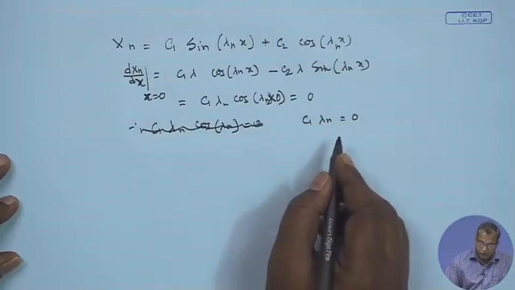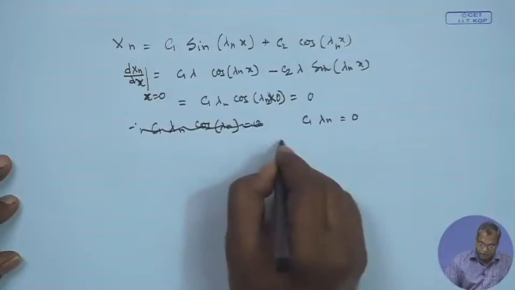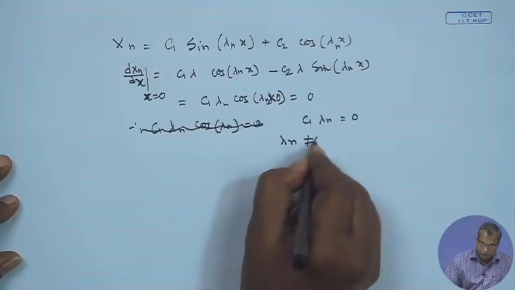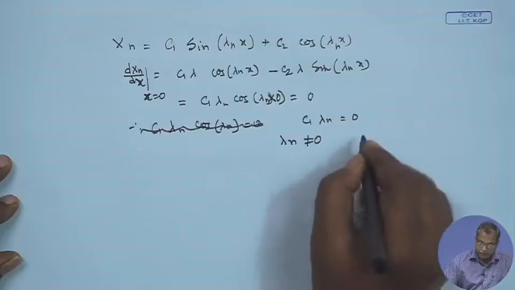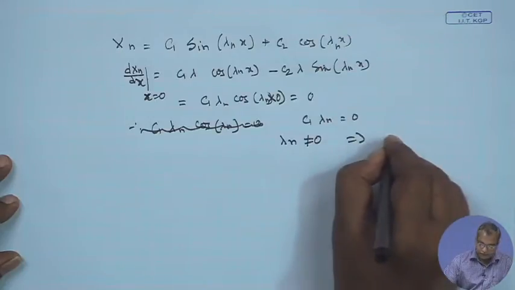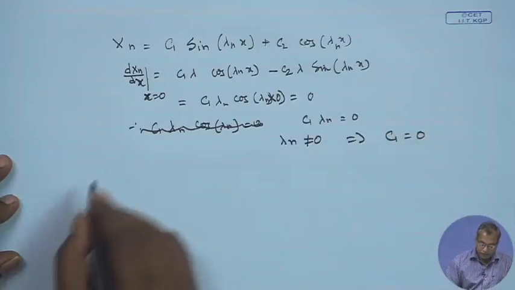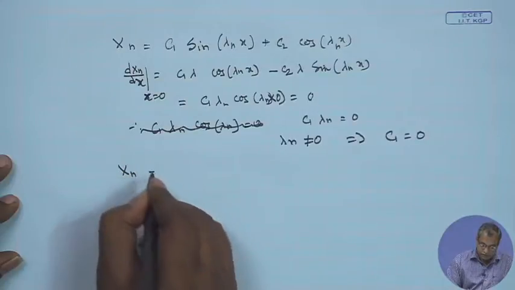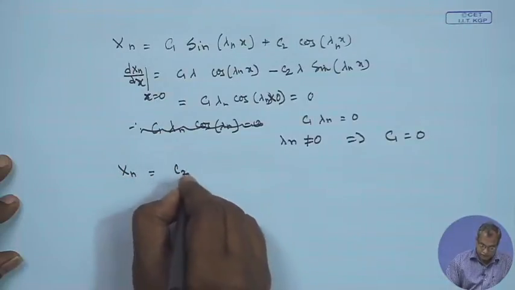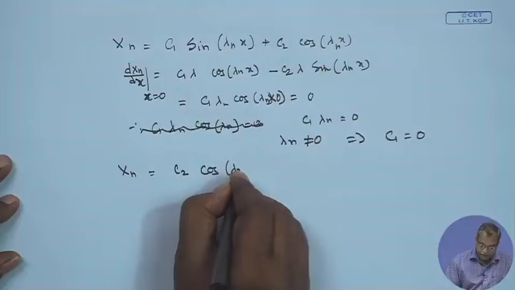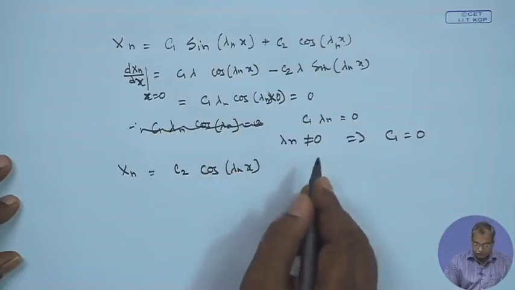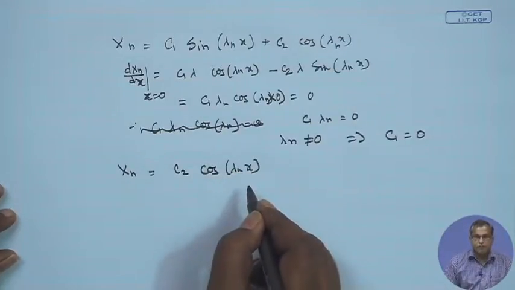For a non-trivial solution, lambda n cannot be equal to 0. If it is equal to 0, then we will be landing up with a trivial solution. So the solution is C1 is equal to 0. If C1 is equal to 0, what is the solution? The solution is C2 cos lambda n x. These are the eigenfunctions of this particular problem.